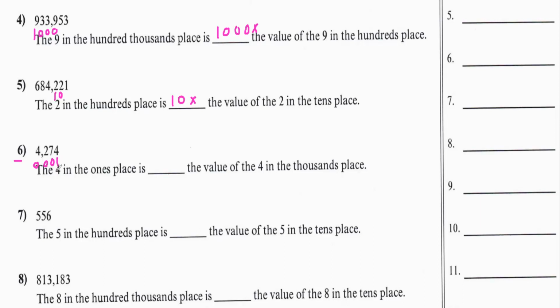I said when we put the zeros on the left side, you have to divide by that number, so it is 1 over 1000. So the 4 in the ones place is 1 over 1000 times the value of the 4 in the thousands place. This is number 6.